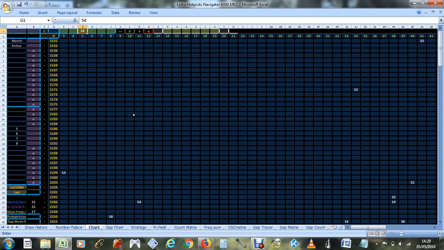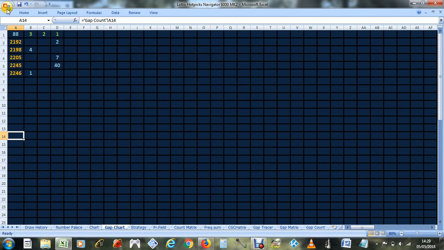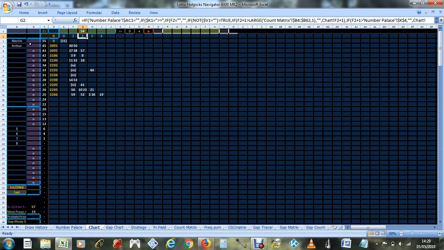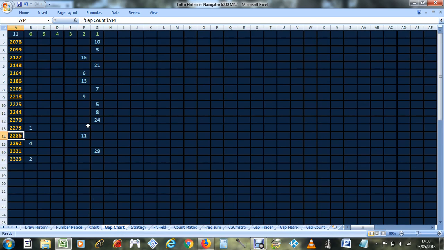Just pick any number. And this is the gap chart for that number. And we'll look at all machines, all sets of balls, full draw history, and this is a gap chart for that number.